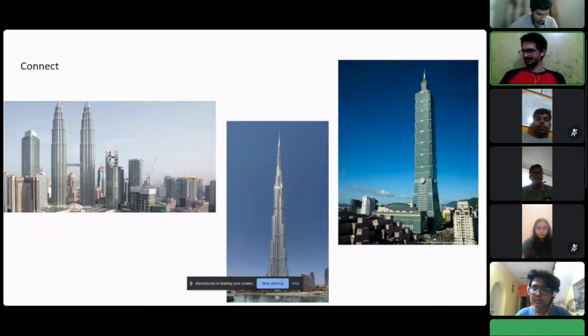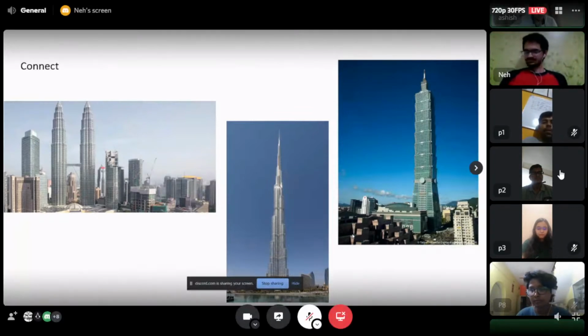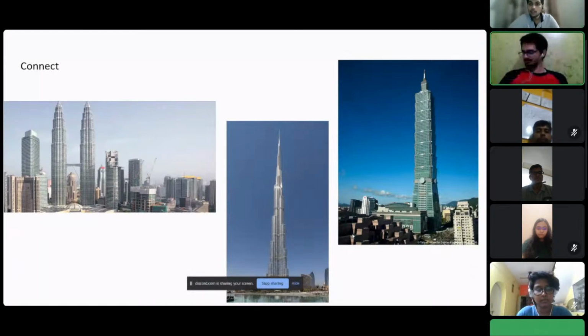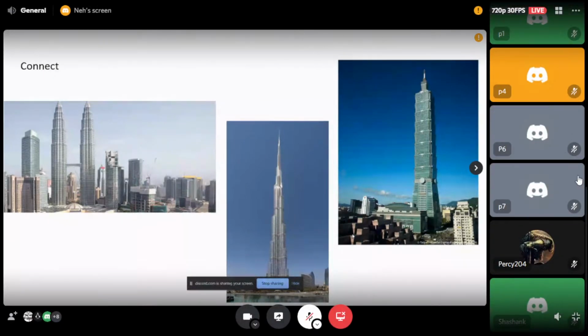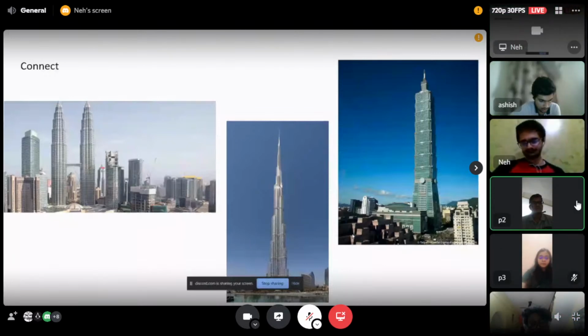P2 isn't answering. No, there is no negative for this. It's height. They have been in ascending order. Means the last one, the tallest building, was Burj. Incorrect answer. Both gave incorrect answers.